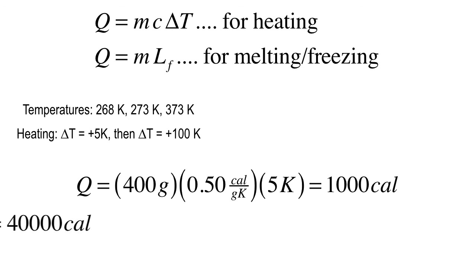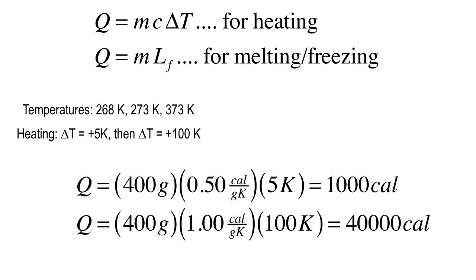Now let's do the second heating equation. You can do them in any order you want. We'll just do the two heating equations. We still have 400 grams, but now it's liquid water. We've melted all of it, and we haven't calculated the melting, but we will in a second. We're going from 273 up to 373, so this third parenthesis is 100 Kelvin.